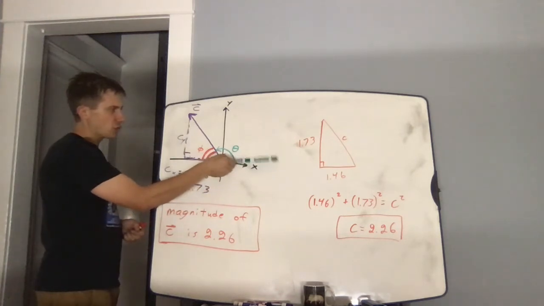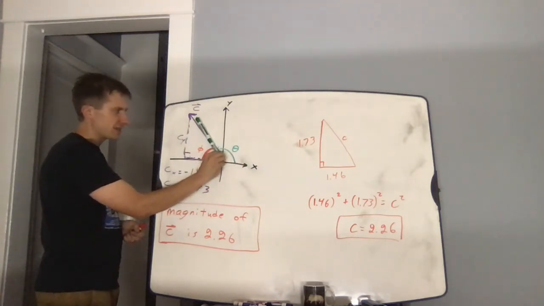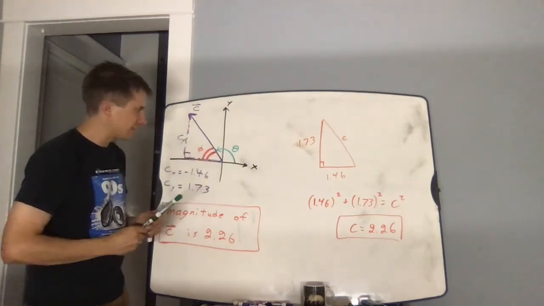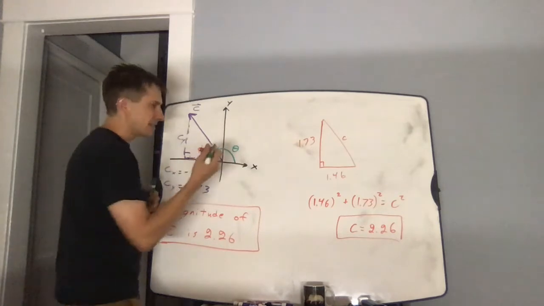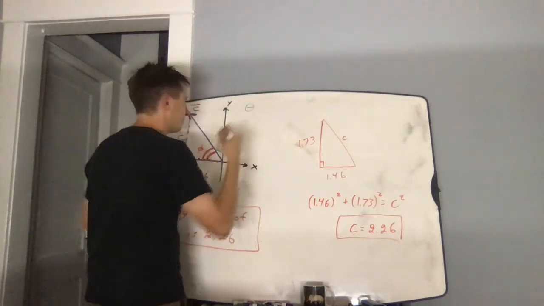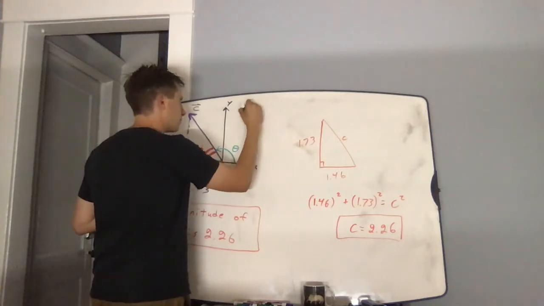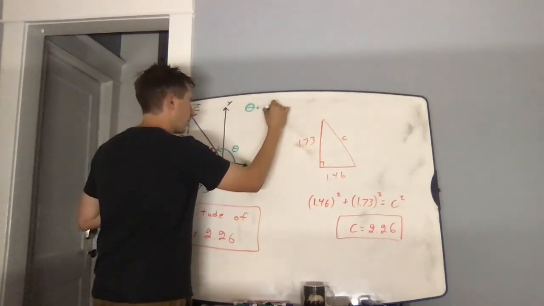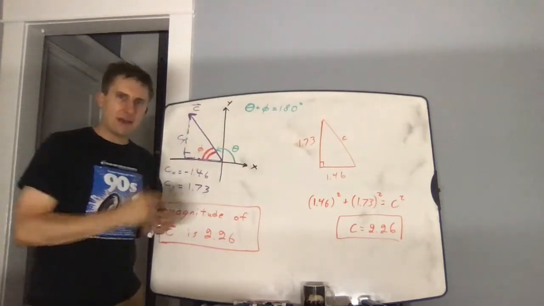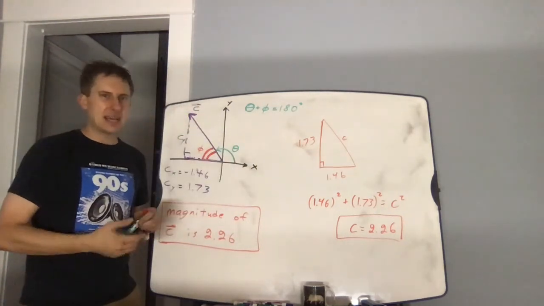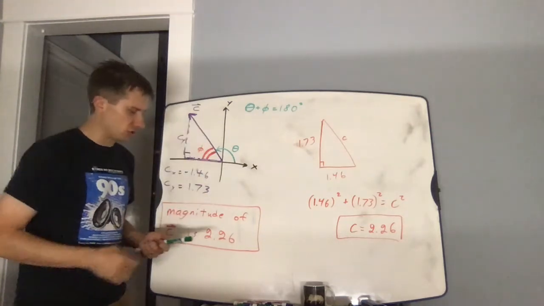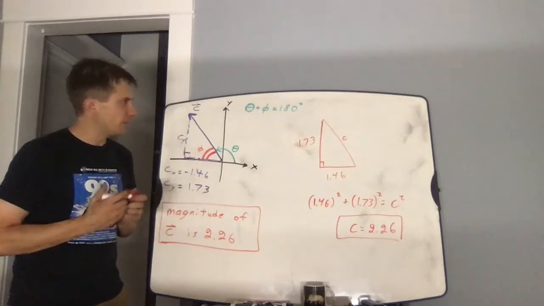If I travel theta degrees, then I travel phi degrees, I get to the negative x-axis. So theta plus phi must be equal to 180 degrees. If I could find phi, that is practically as good as finding theta. Then it's a very short step to find theta and you're done.